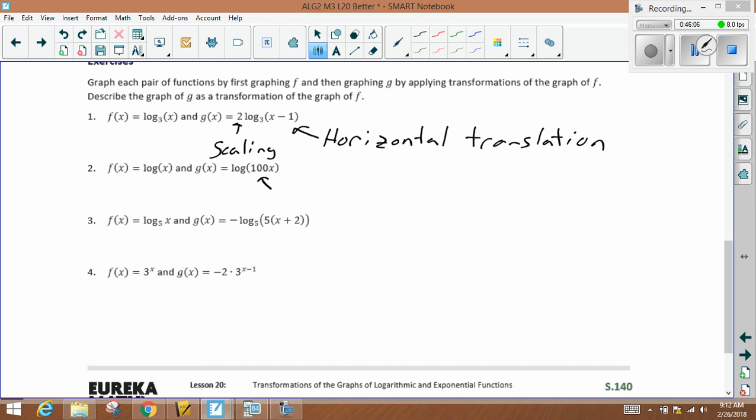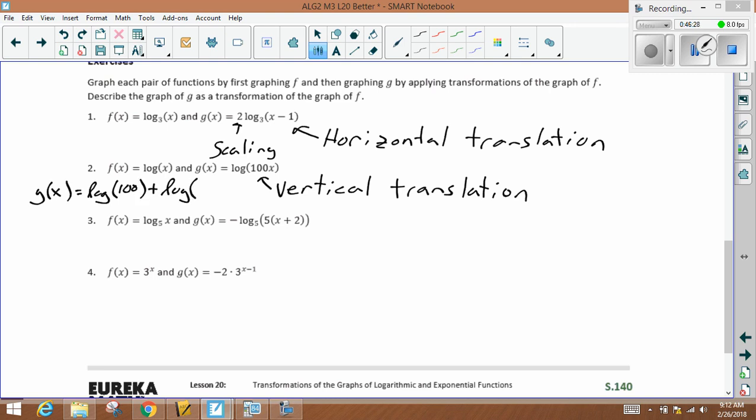This right here, it turns out, is actually a vertical translation. Whoa. Strong for two. And why is that? Because you can break it up. g of x is also log base 10 of 100 plus log base 10 of x. This negative is a reflection about y equals 0, or the x-axis.